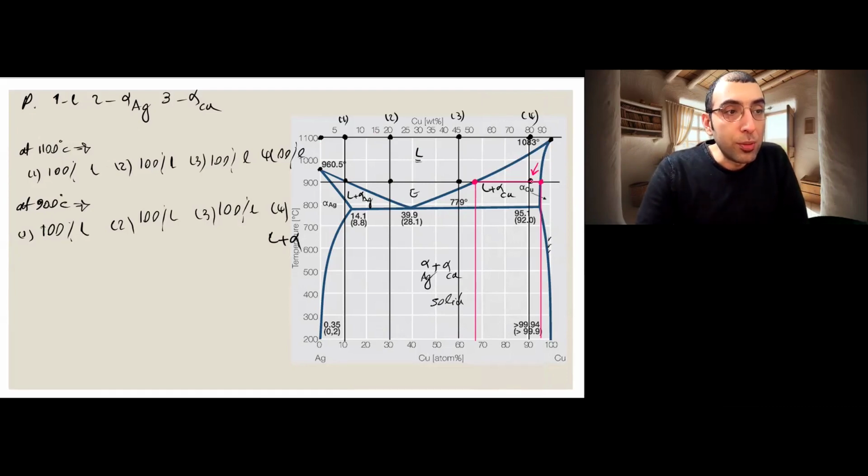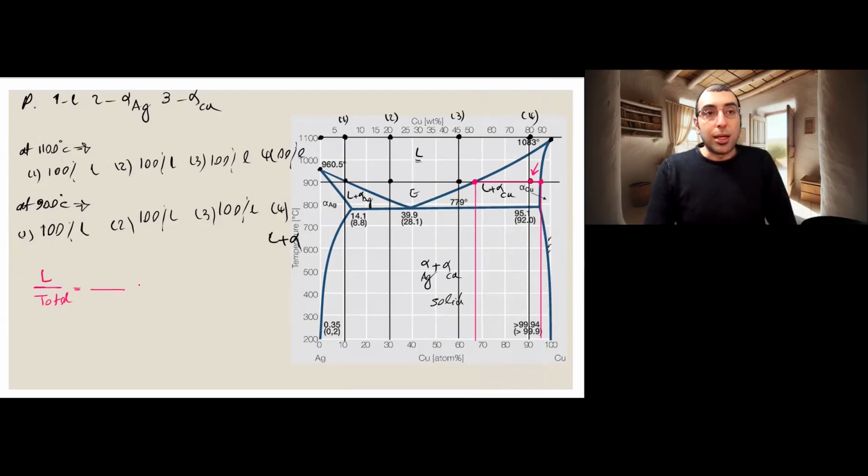So for this point, we want to have phase fraction. Phase fraction of liquid is the amount of liquid to the total amount that you have. As I said, the total amount is the length of the line that is crossing the two lines. So the total amount is from this point to this point.